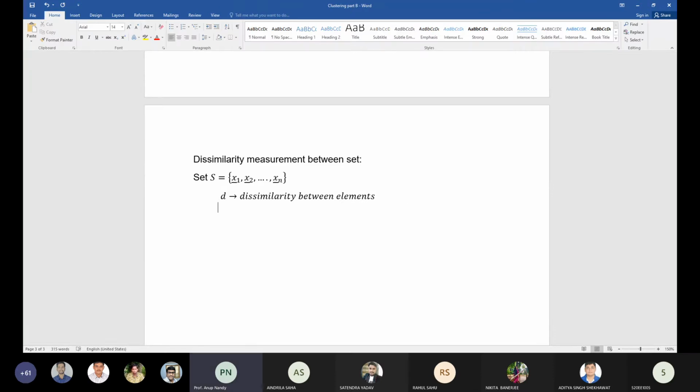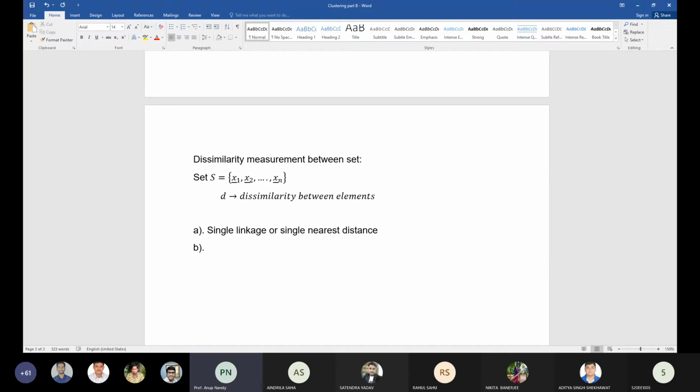Now agglomerative clustering can be defined with these two things. There are three types of distance. One is called single linkage, or single nearest distance.